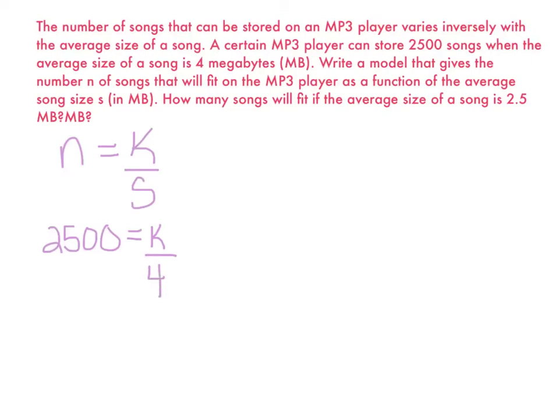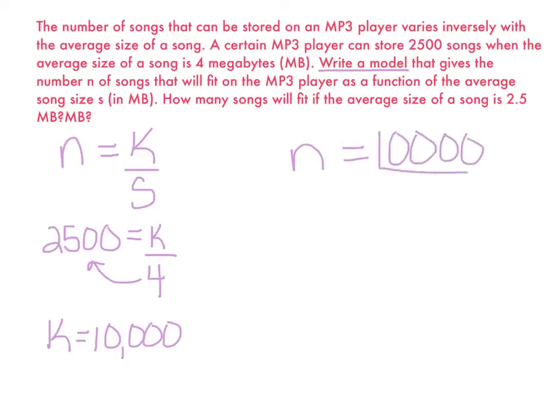And then when you multiply 4 times 2,500, we get a K value of 10,000. That's your constant. So it says write a model that gives the number n of songs as a function. So n equals 10,000 over S. Basically saying your MP3 player can hold 10,000 megabytes, and then you have to divide that up into how many megabytes per song.